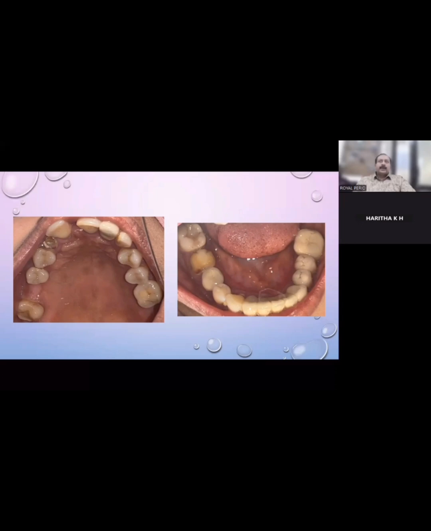So right now, which teeth need extraction? Which teeth should be removed from this? 2-1, 1-2, and even 2-2, right? 2-2, 2-1, 1-1, then again 1-2 and 1-4.